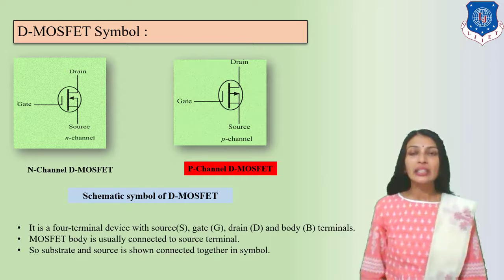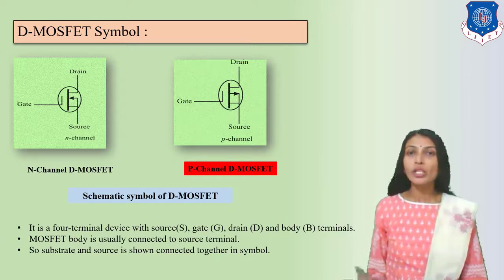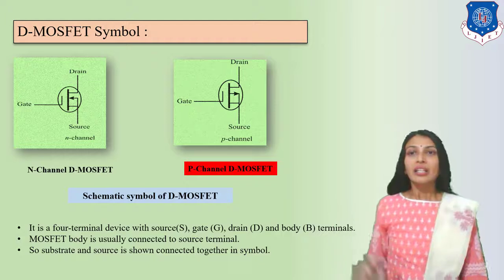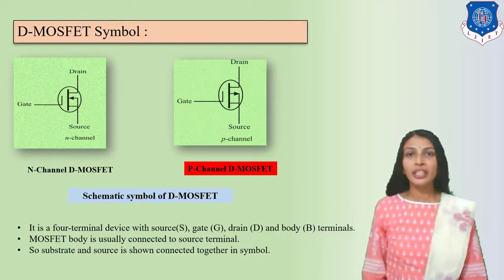Look at this. These are the symbols of the D MOSFET. There are two main types: one is the N channel D MOSFET, and second is the P channel D MOSFET, as I have discussed earlier. Now there are three main terminals: drain, gate and source, and the fourth terminal, that is the substrate source.